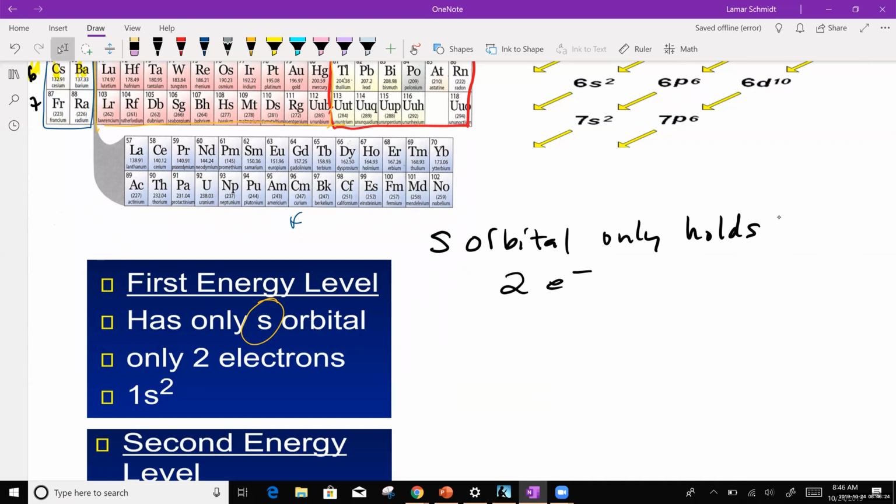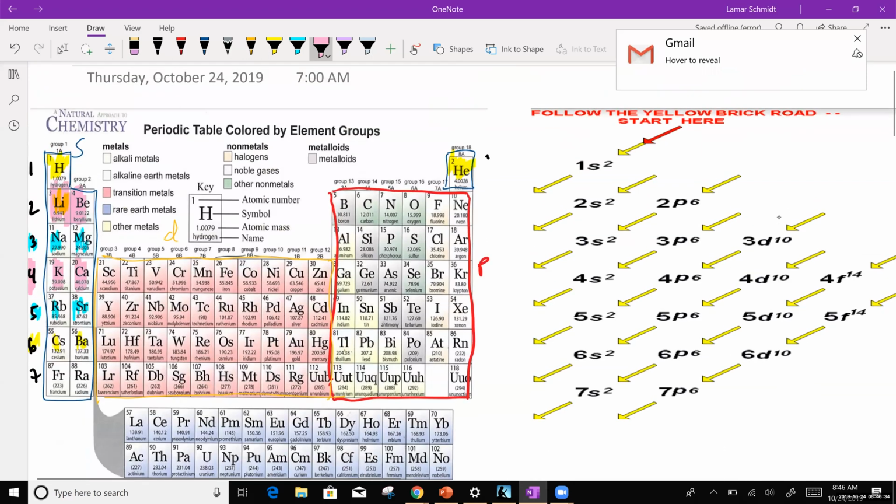In particular, we're talking about the first energy level, and it only has the S orbital. In energy level 1, it only has hydrogen and helium, and they're both in the S orbital.